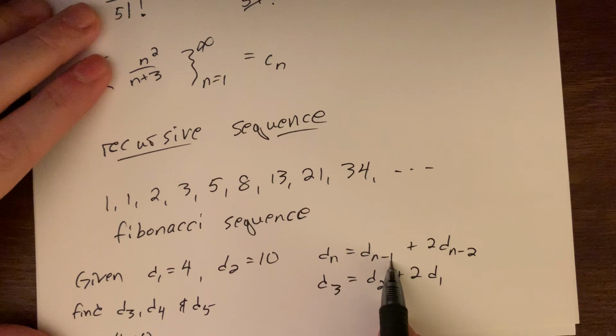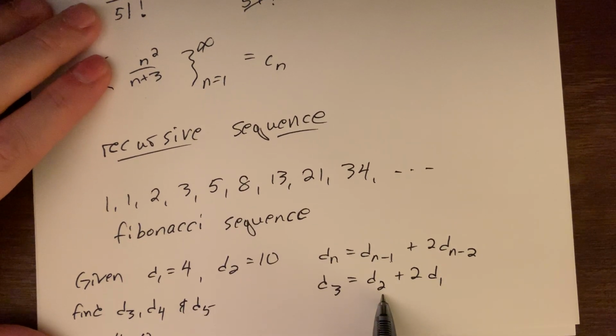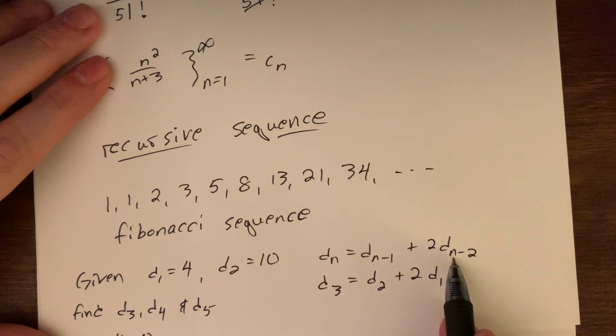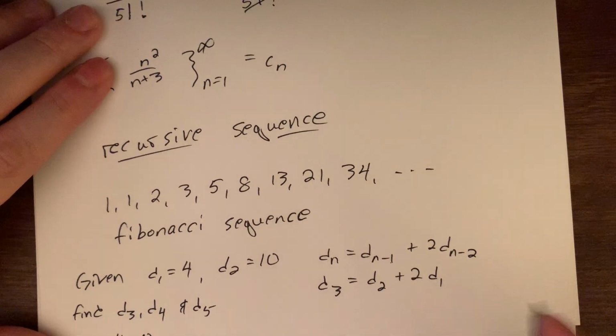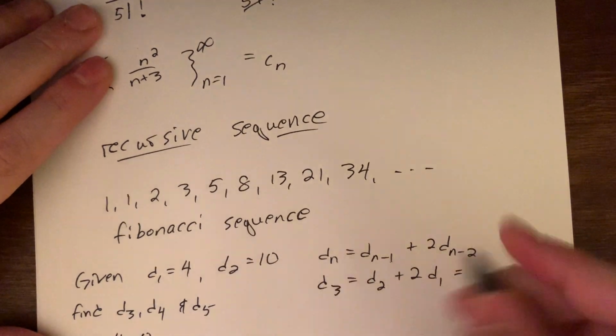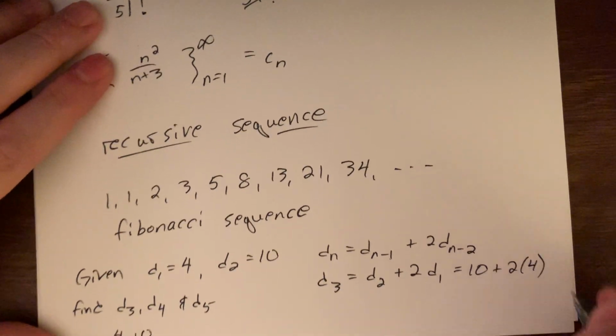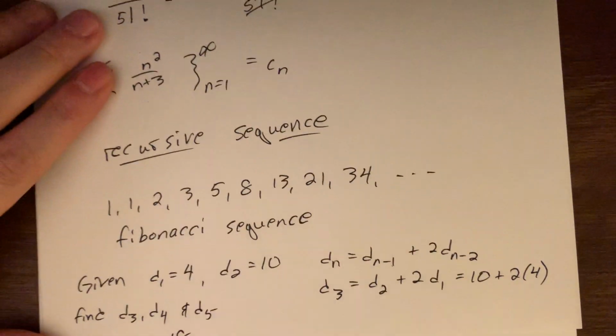When I plug in 3, n minus 1 is a subscript, so I get D sub 2. And similarly, I plug 3 in for n, I get 3 minus 2, I get 1 as my new subscript. So this is telling me, take the second term 10 plus 2 times the first term 4, and I'll get the third term is 18.